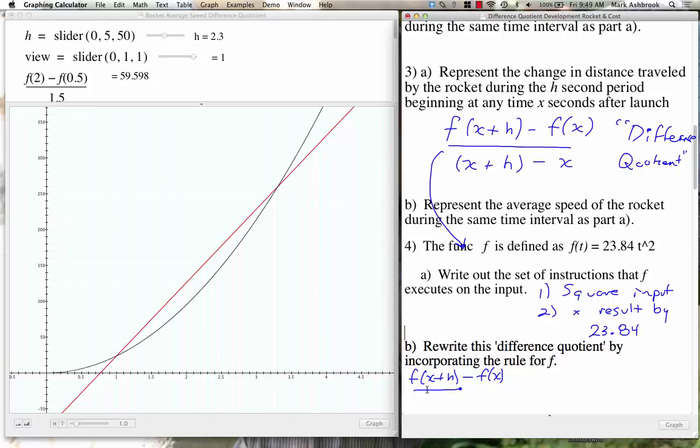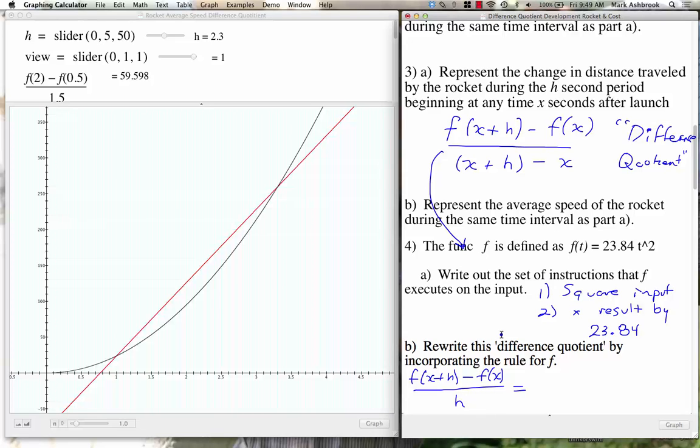Rewrite that according to your set of instructions for any time that f is employed. So you're going to actually do it twice, right? You're going to do that set of instructions on the input here and here, and then rewrite this whole expression by replacing these two with what it's telling us to do with f.